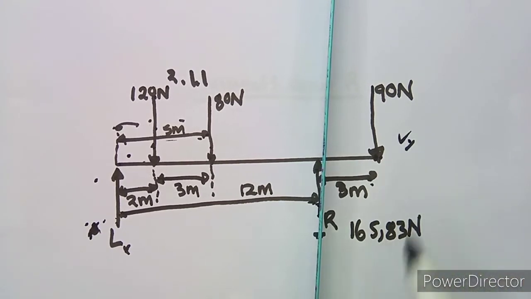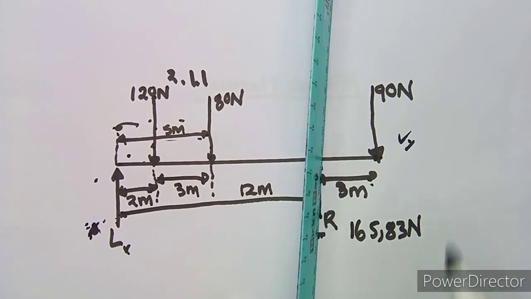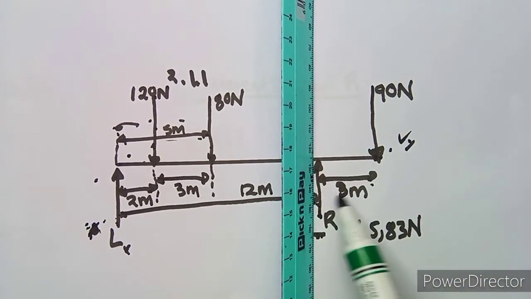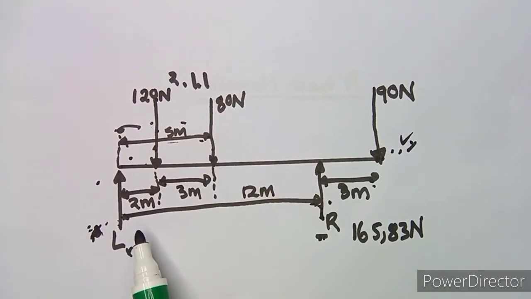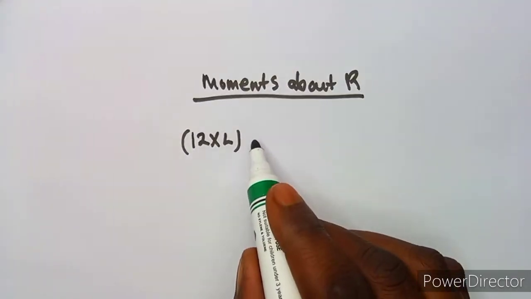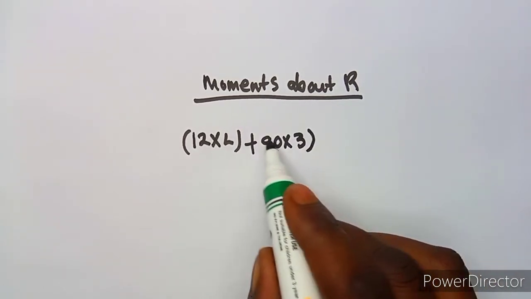This 90 is going to work hand in hand with L. So it's going to be 90 back to R here, which is 90 times 3, and you add to the one that you have. So plus 90 times 3.